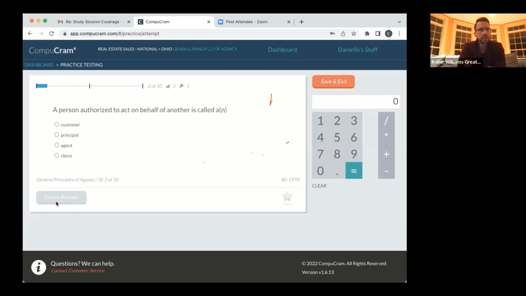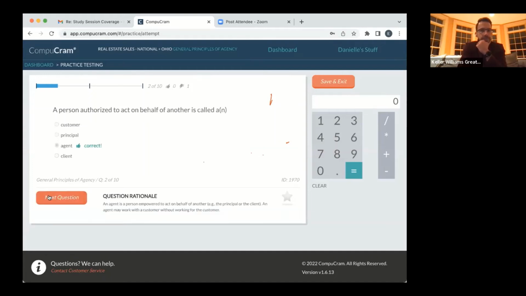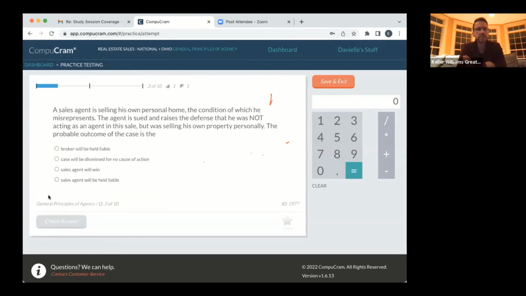Next, a person authorized to act on behalf of another is called a customer, principal, agent, or client. C is correct. Next question, a sales agent is selling his own personal home, the condition of which he misrepresents.